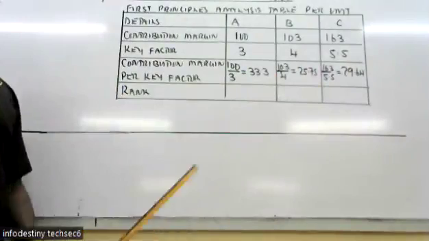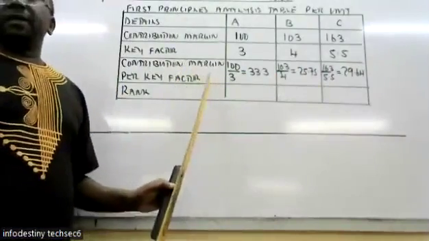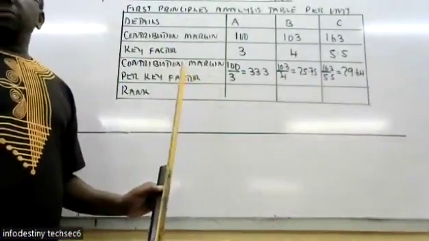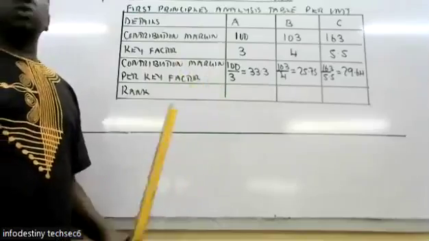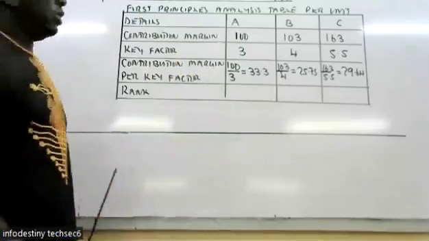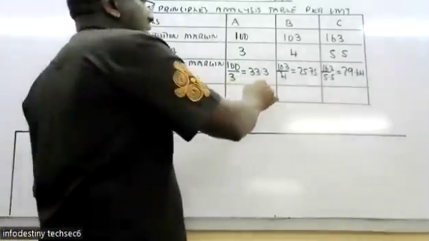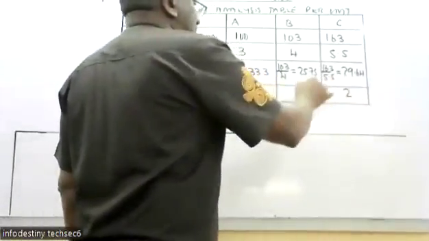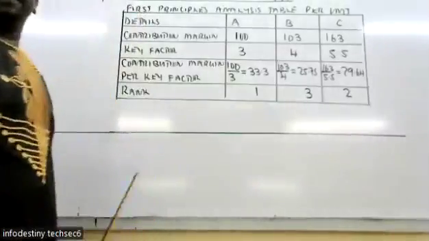Sasa ukiwa na hizi, sasa hii ndio tuliita the key factor. Hii ndio ina determine, because it is upon this that you rank. So this is number 1, this is number 2, and this is number 3.